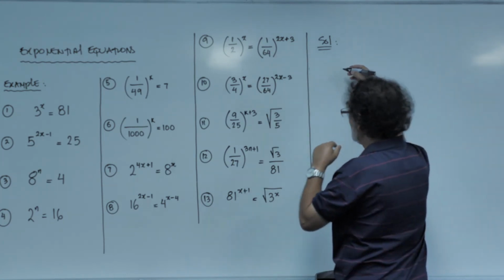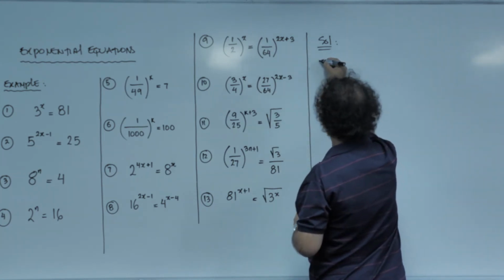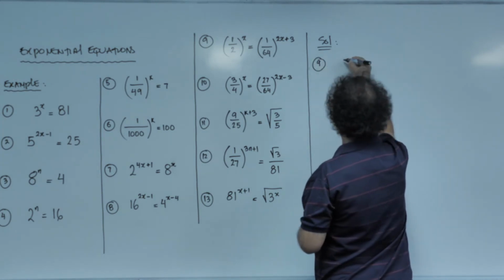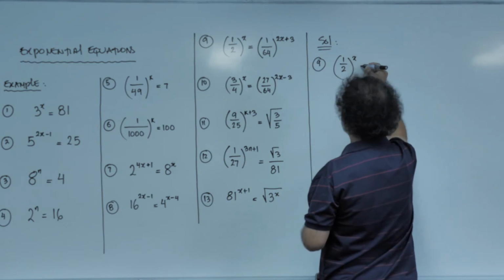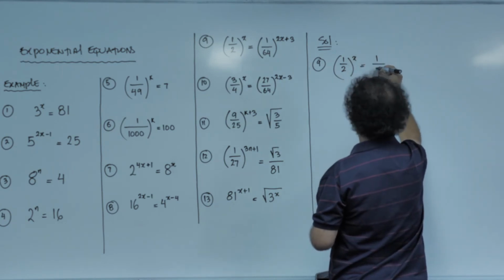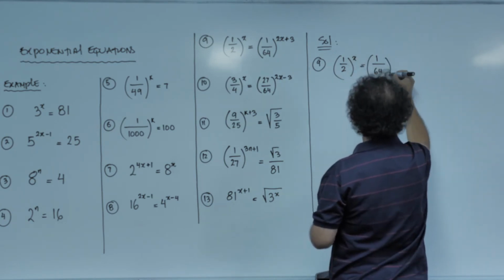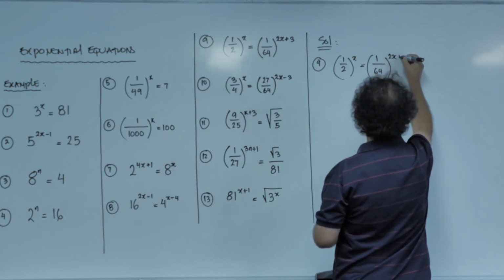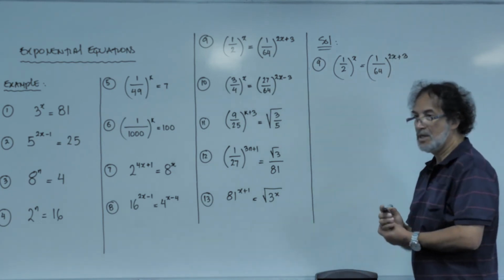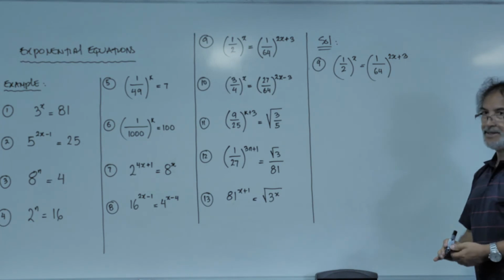Okay. All right, so we have question 9. Question 9 is half to the power of x is equal to 1 over 64 to the power of 2x plus 3. Right.